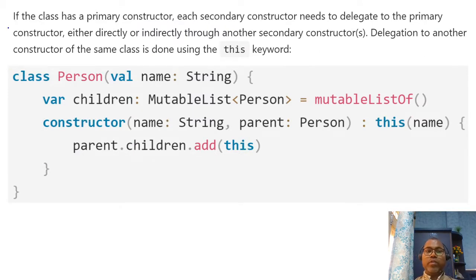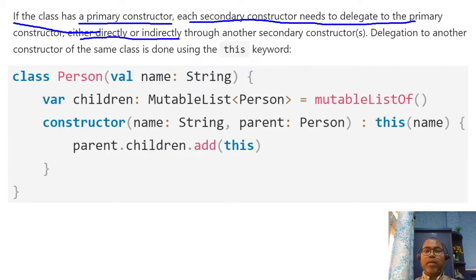If the class has a primary constructor, each secondary constructor needs to delegate to the primary constructor, either directly or indirectly through another secondary constructor. Delegation to another constructor in the same class is done using the this keyword.